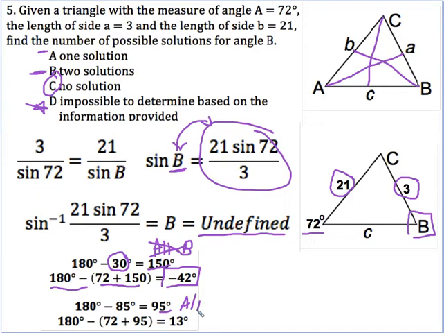This would be the alternative angle B. Okay, so you want to add angle A and your alternative angle B together, subtract them from 180, and in that case, you do get a positive number for the third angle. So for this one, if this was your situation, you would only have one possible solution. If this was your situation, you'd have two possible solutions. If you get undefined, then you have zero possible solutions, or there's no possible solutions.